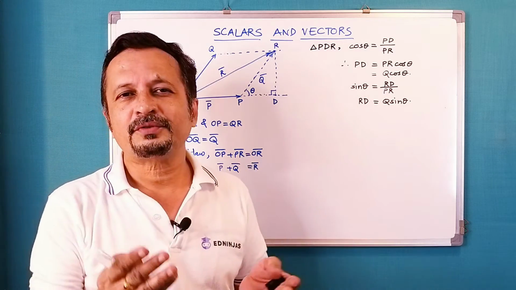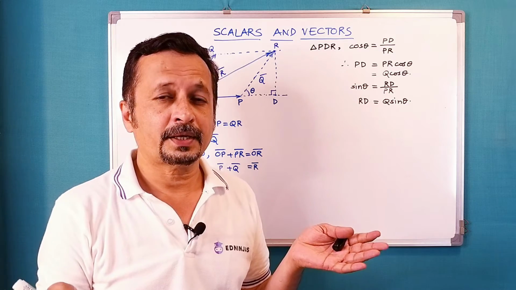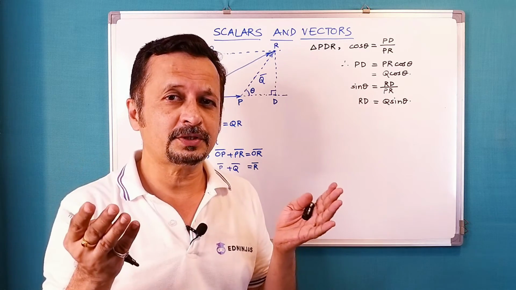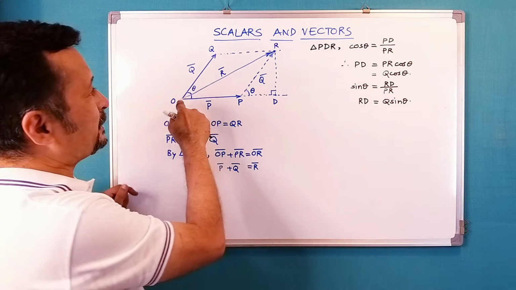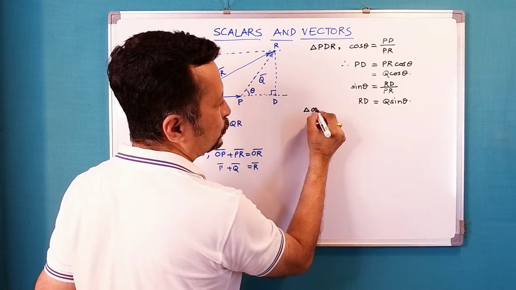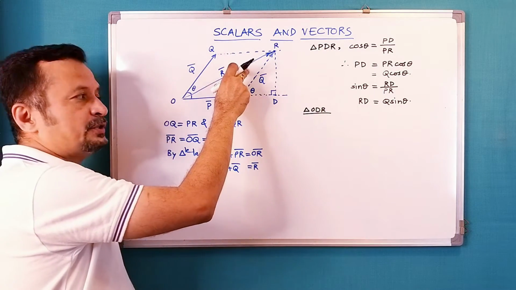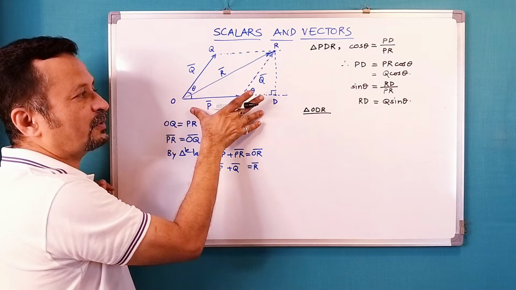Now since we have two right angle triangles here, can we apply Pythagoras theorem to this? Yes, we can. Let me consider triangle ODR, which is a right angle triangle. So square of hypotenuse is equal to sum of squares of other two sides.